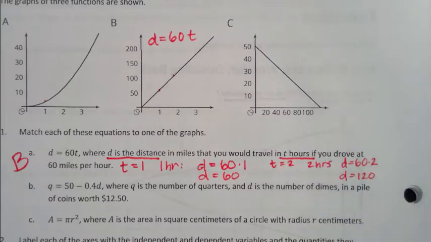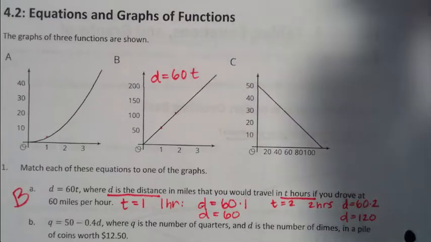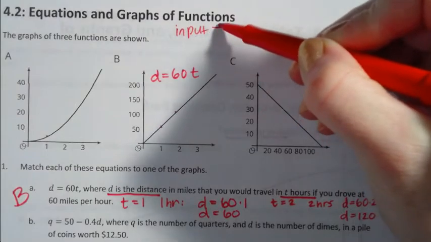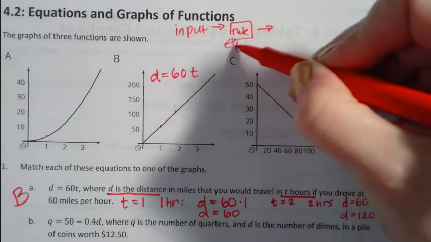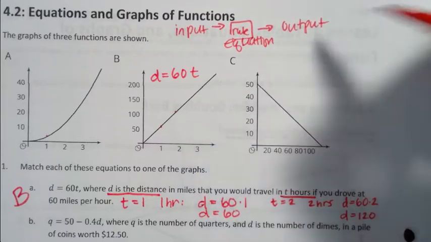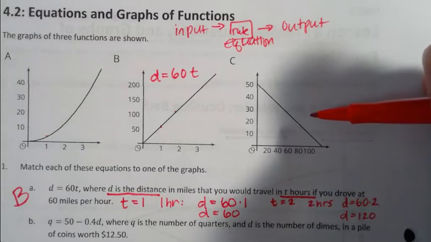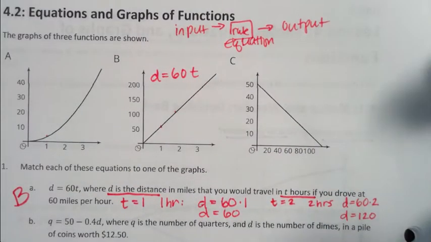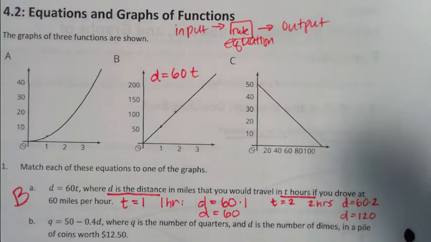The other thing that we can remember is that from our previous lessons, we knew that we had the input, then the rule or the equation, and then the output, right? And our equation included the input. And we also started talking about how the input was our independent variable, output is the dependent variable.